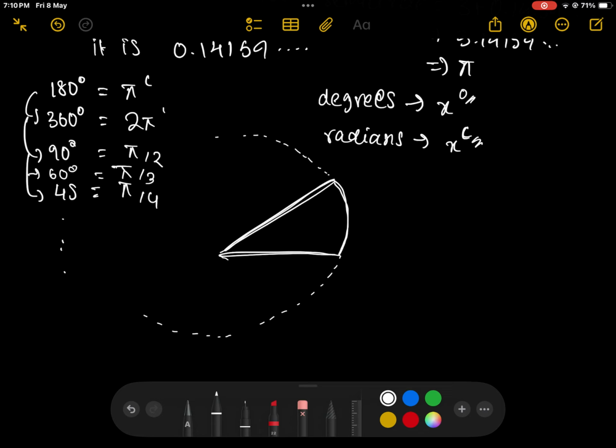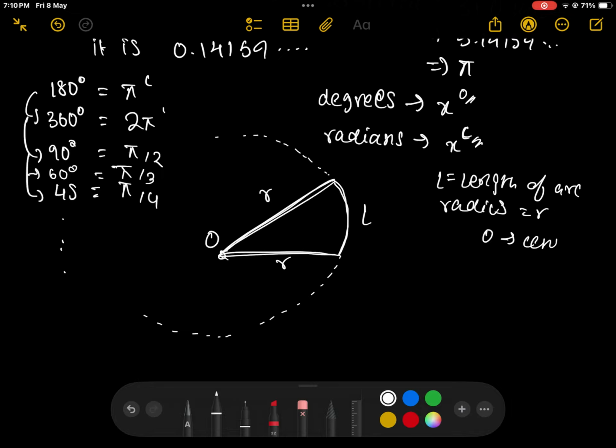Okay, so now let L be a small part of the circumference of a circle with radius r. If O is the center, then the angle subtended by this arc is theta.